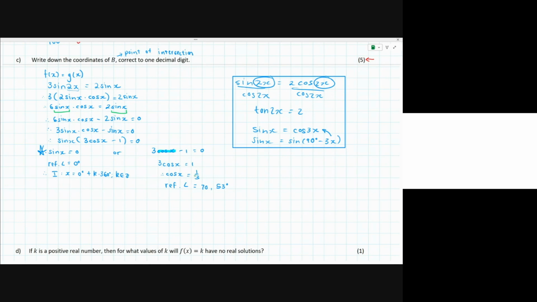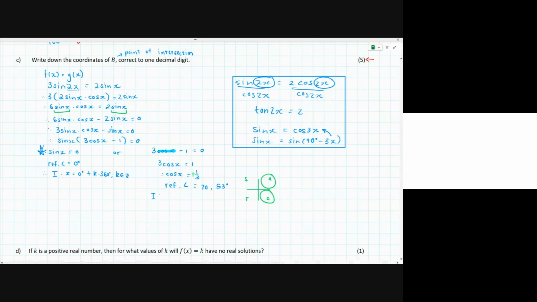Now I go back and check the sign of my ratio. So this was a positive, a third, and I'm now going to use that to figure out which quadrants I'm working in. So I need to know where cos is positive. Cos is positive in quadrant 1 and 4. So that's where my solutions will exist for this trig equation.